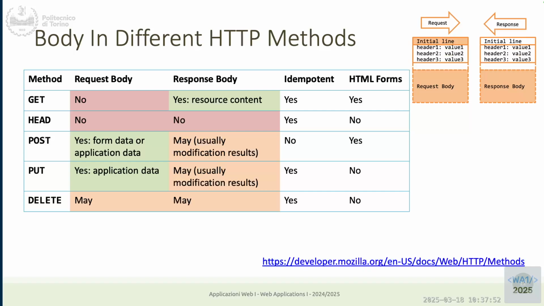Post is something that should not be repeated. Every time I post something, I'm creating new information. I'm not adding to or updating what we have. So post is something that semantically is appending new information. I'm sending you new information, and if I post the same information twice, I will create 2 items, not only 1.